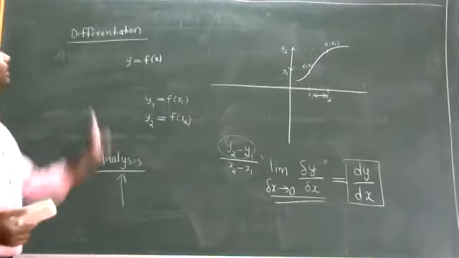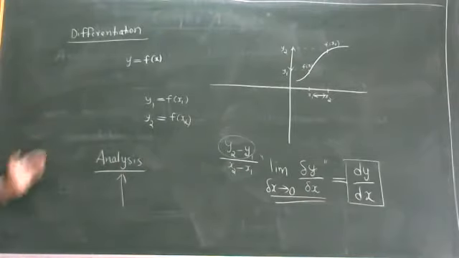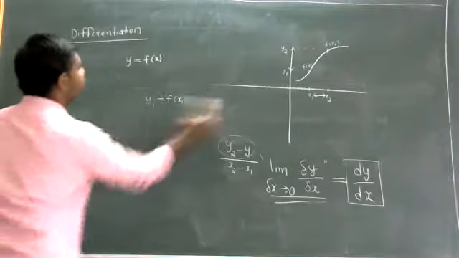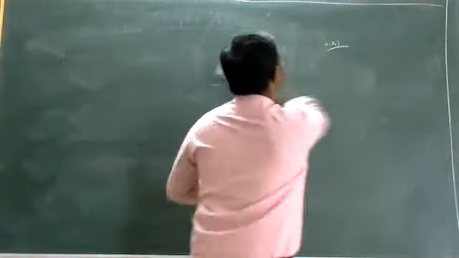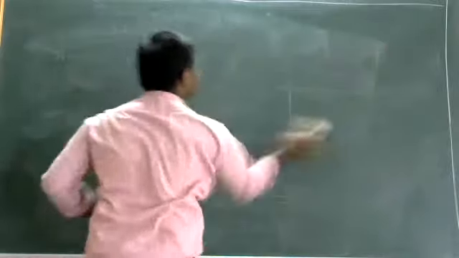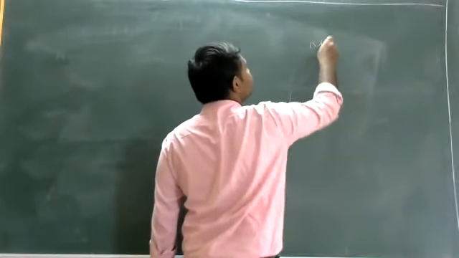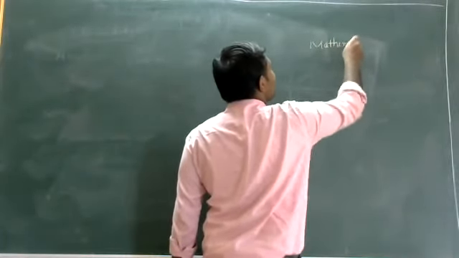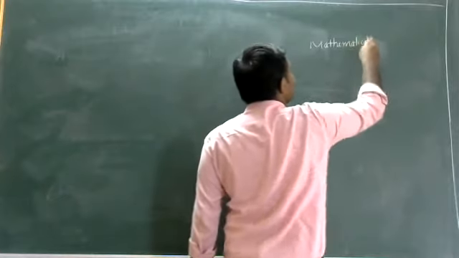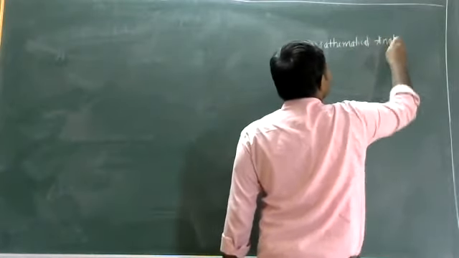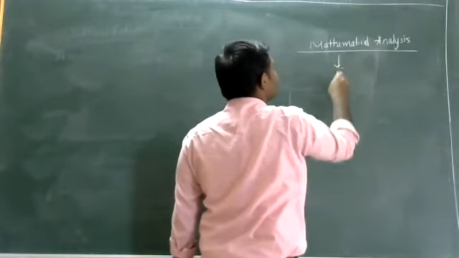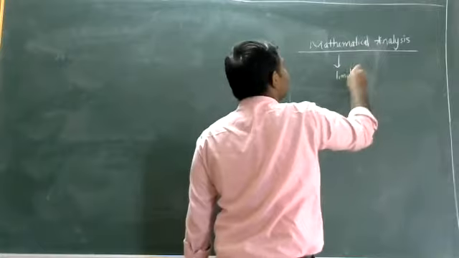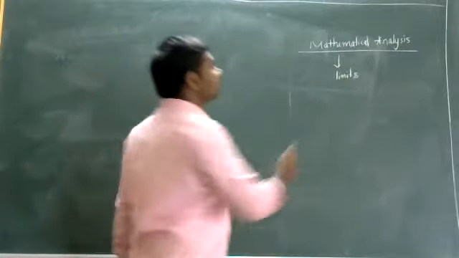And under this mathematical analysis we have many sub branches. Now I will list those sub branches. Okay, so mathematical analysis means first of all it is study of limits and related theories.